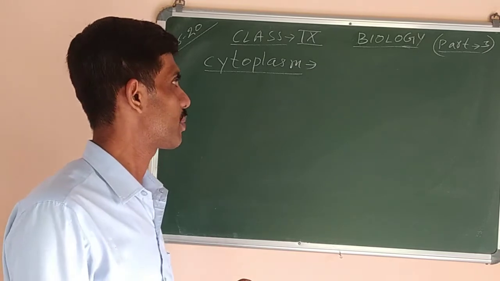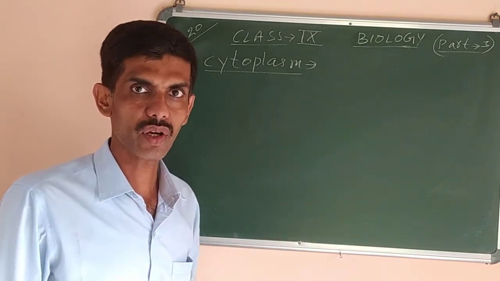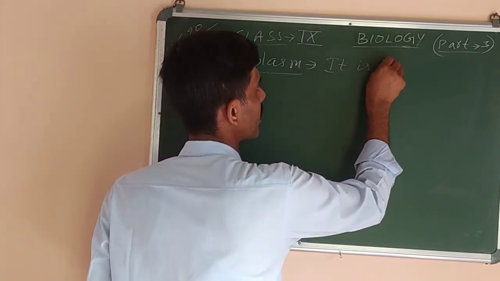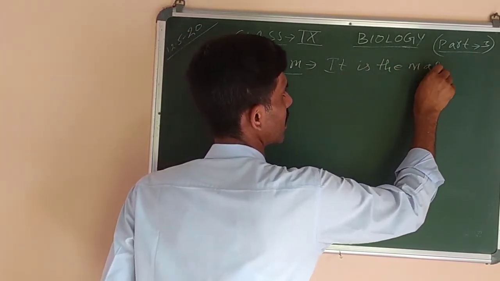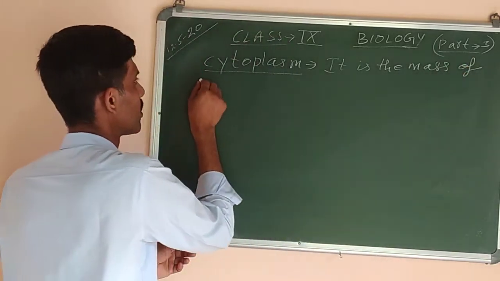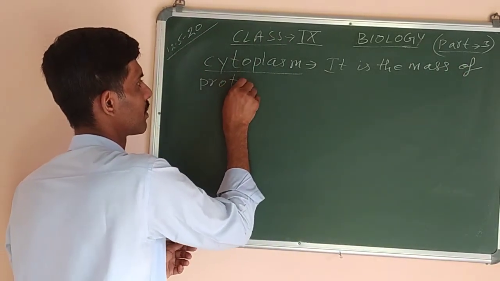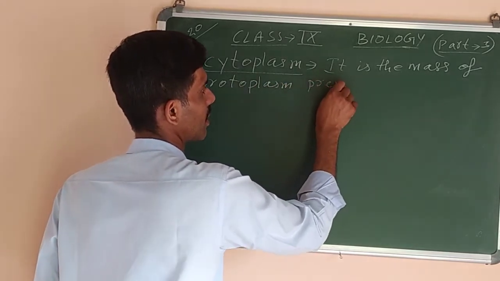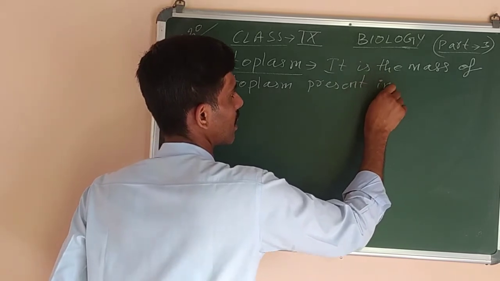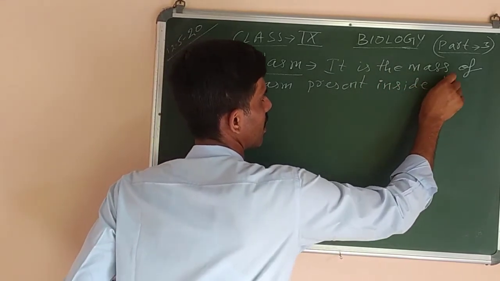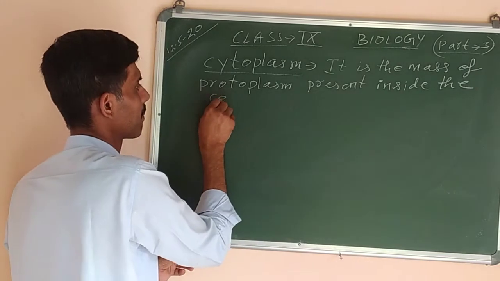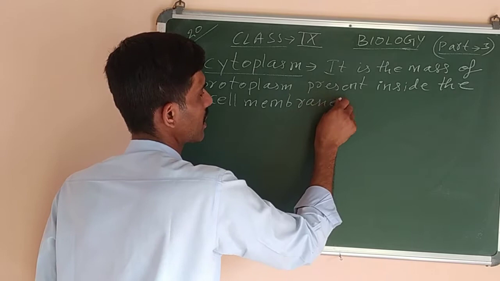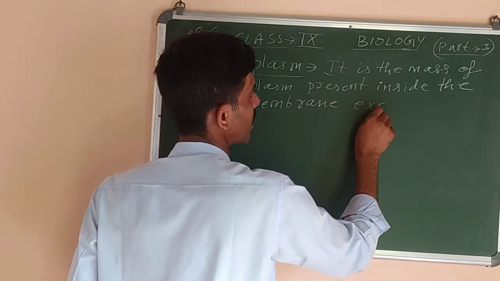The definition of cytoplasm is, it is the mass of protoplasm present inside the cell membrane, excluding the nucleus. Means the nucleus is not included in it.